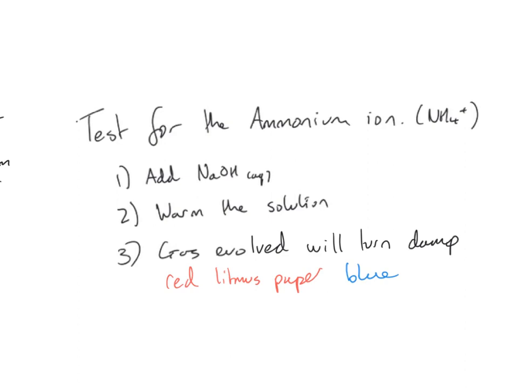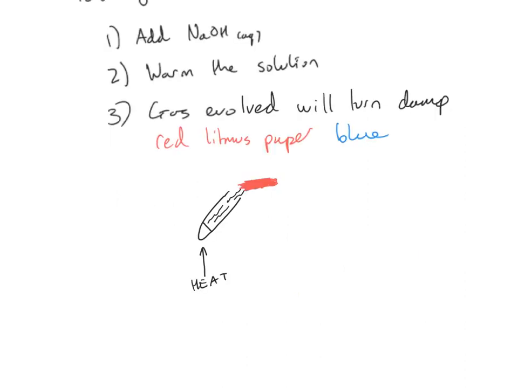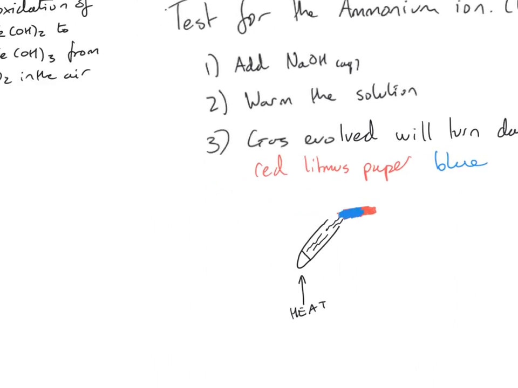So what would you see? So if I draw the appropriate diagram quickly, so what you would see here is that when you hold over your red litmus paper, the fumes, once they touch the damp surface, will turn that damp red litmus paper into a blue colour. And that's the test for ammonium ions.